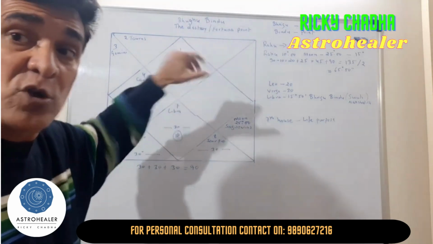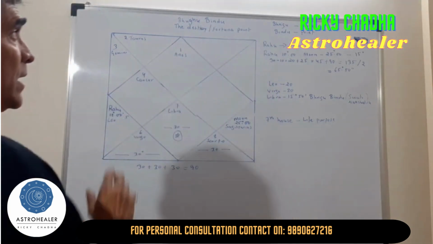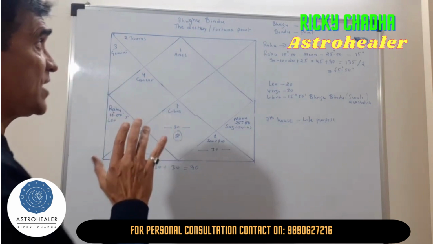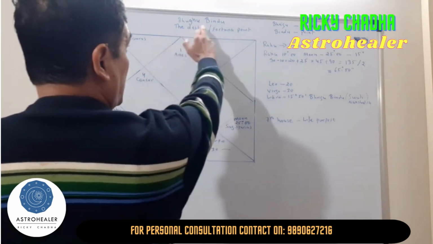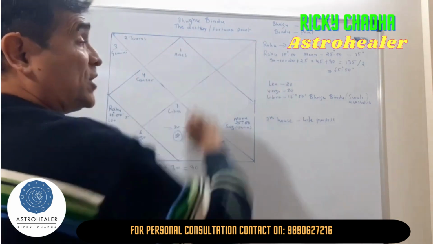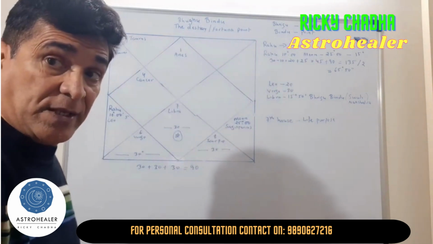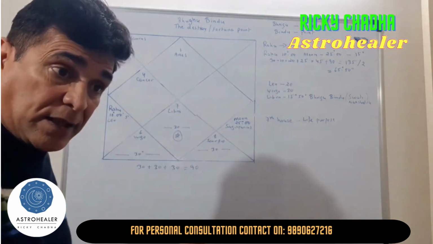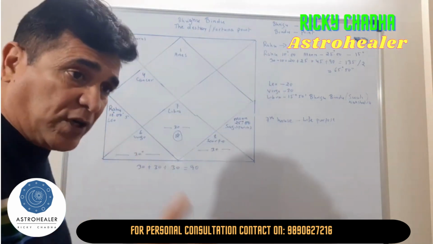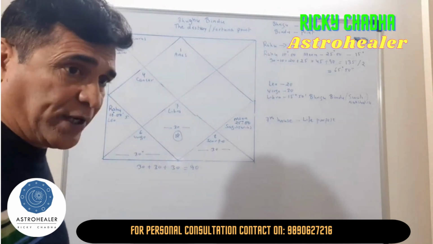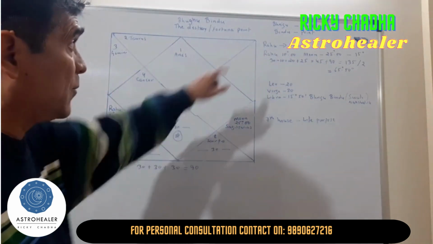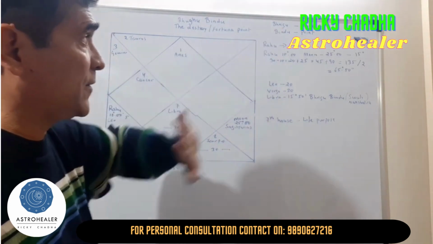I have not mentioned the rest because it is not coming into play. First of all, let us understand it's a destiny point, Fortuna point, and Bhrighu is a sage who invented or worked on this, and so we know it today as Bhrighu point. Bindu is known as a point.